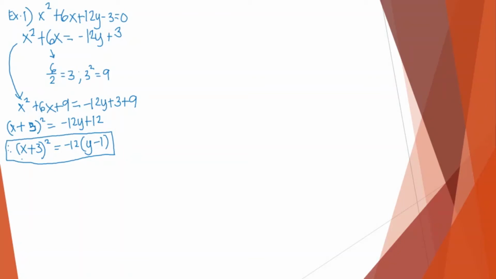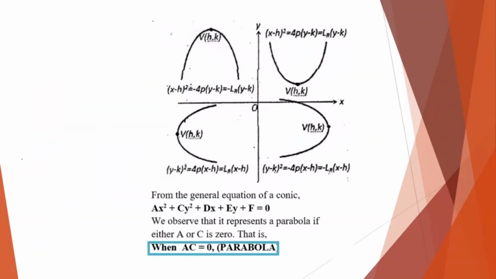From our previous discussion, this is the equation, guys: x minus h squared is equal to negative 4p, then y minus k.